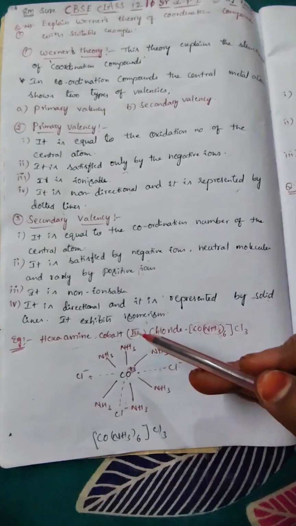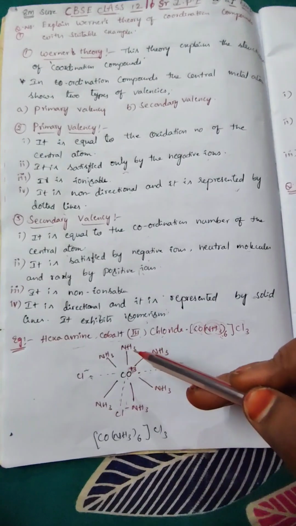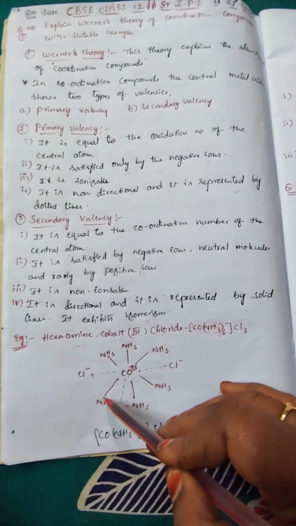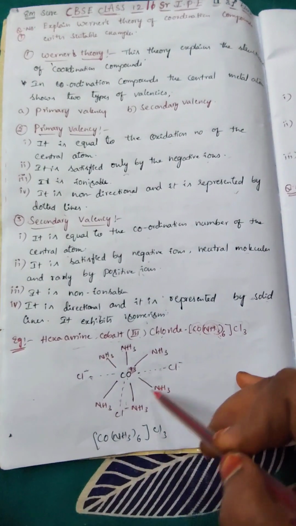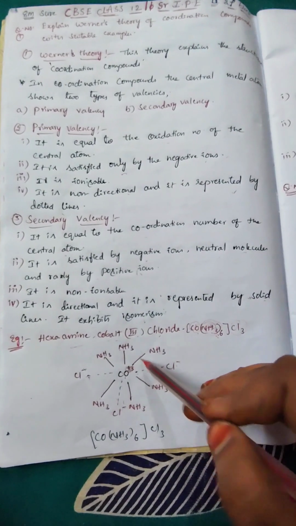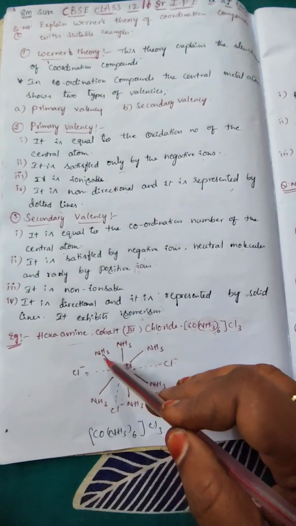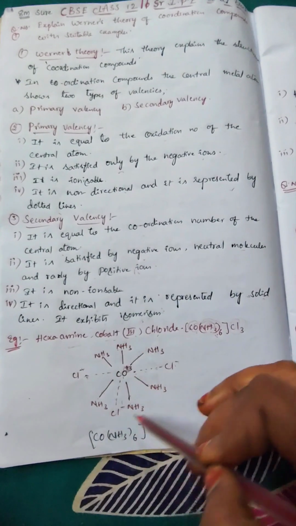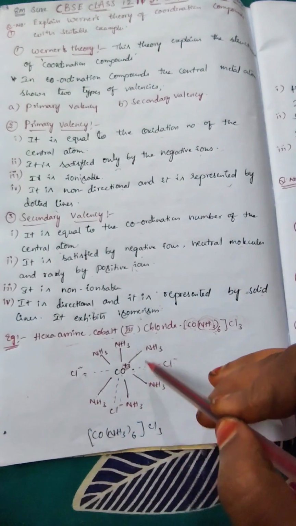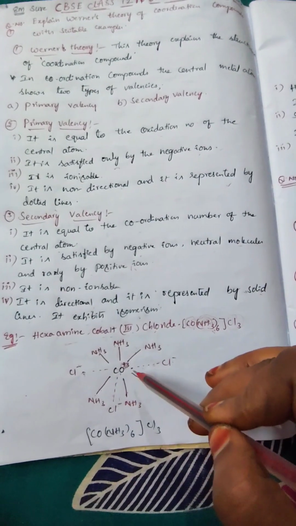Whereas secondary valency equals the coordination number. Coordination number means how many ligands are there. Ligands are those which donate lone pairs of electrons to the central metal atom. Here: 1, 2, 3, 4, 5, 6. What is the secondary valency of this hexaamminecobalt(III)? 6.